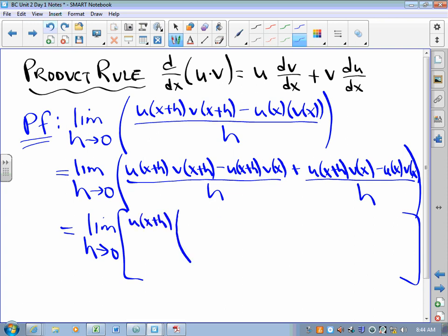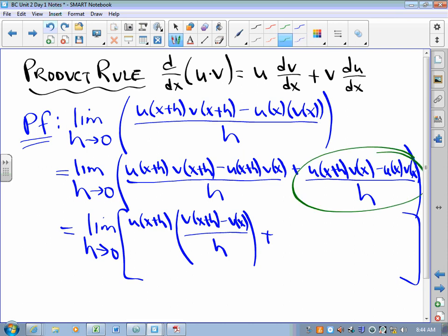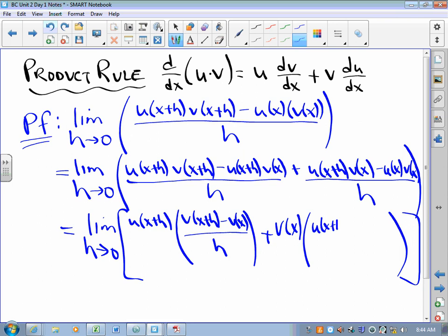And what's left is v of x plus h minus v of x over h. On the right side, what factors out of there? Well, v of x factors out of there. So I'll just let it factor out. And what's left is u of x plus h minus u of x over h.